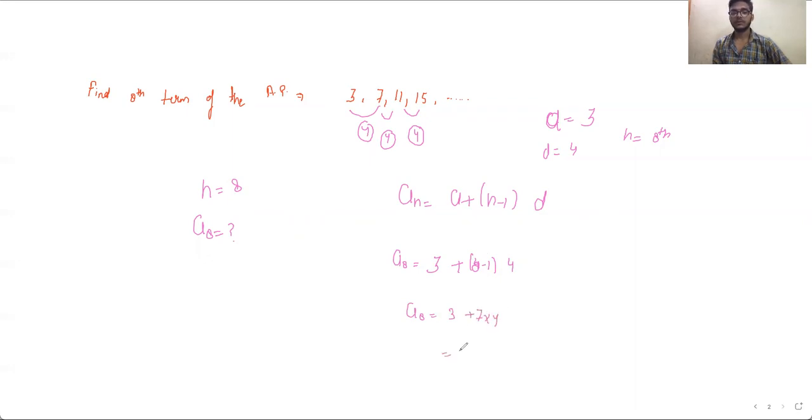That is 3 plus 28, which equals 31. That means in this series the term written at the eighth position is equal to 31, so a8 equals 31.